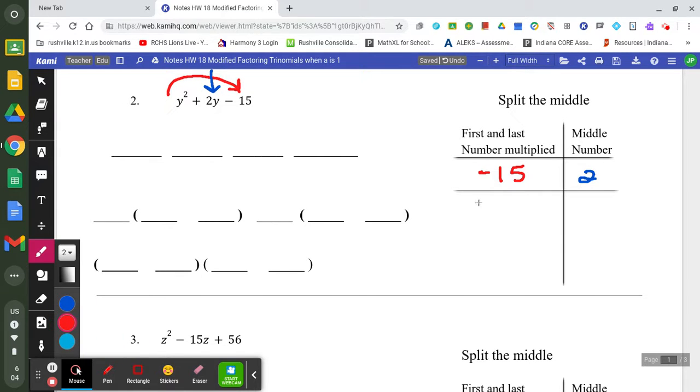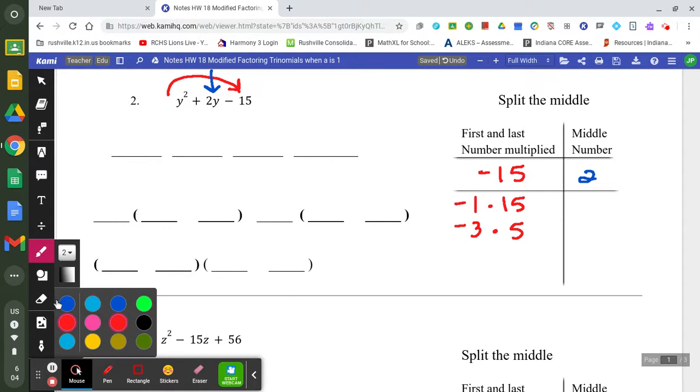So I'm going to start with 1, so negative 1 times 15. Negative 2 doesn't work. Negative 3 times 5. And those are the only factors that multiply to negative 15. So then I'm going to add those.